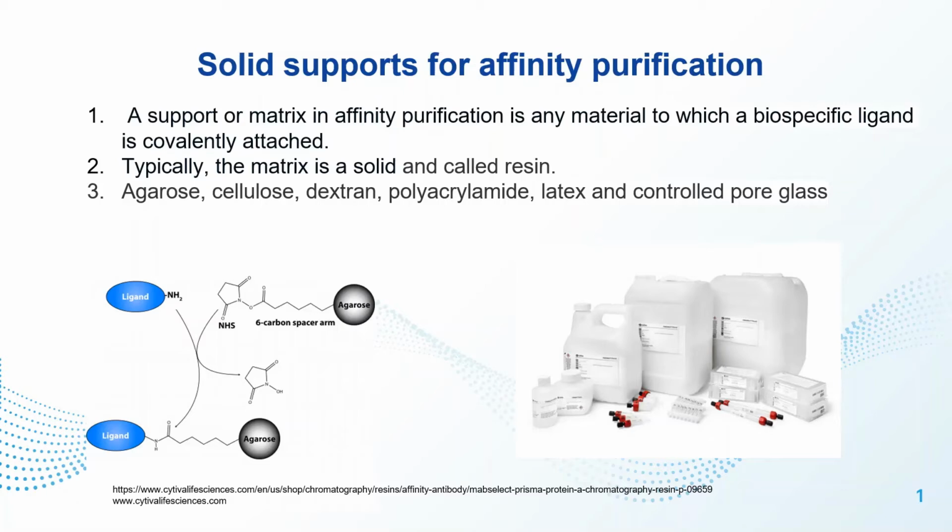There are many different types of resin available in the market, and based on some factors including mechanical and chemical stability, flow characteristics, and the most important one, binding capacity, they can cost between a few hundred to $1,000.